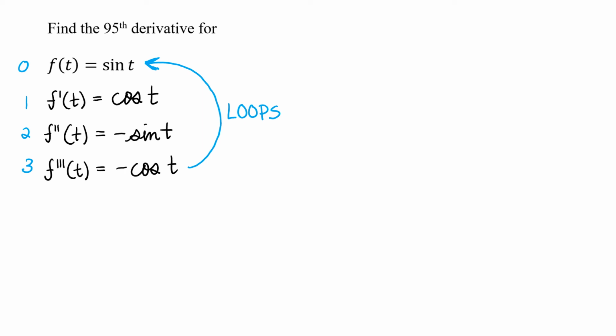So we take 1 derivative, 2 derivatives, 3 derivatives, and then on the 4th derivative, we're back to the beginning. So if we're trying to take 95 derivatives, we have to figure out how many loops we're taking and where we end up with. So let's see, it takes 4 derivatives to make a loop.